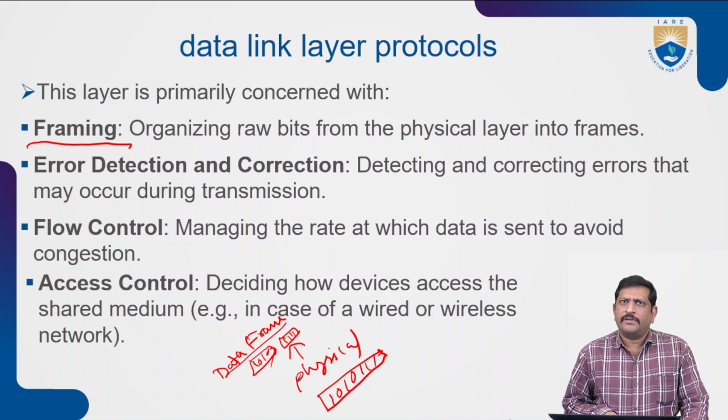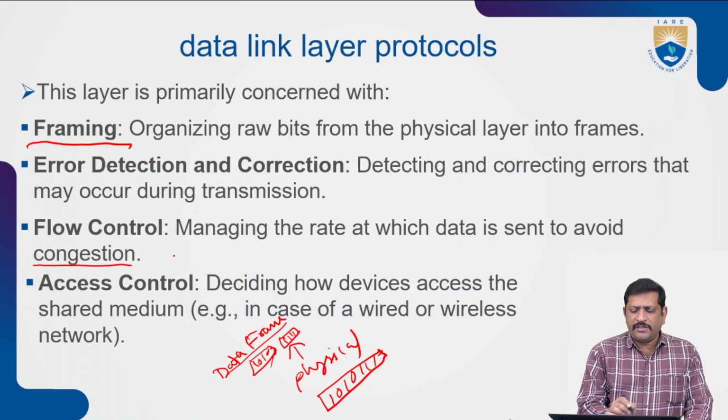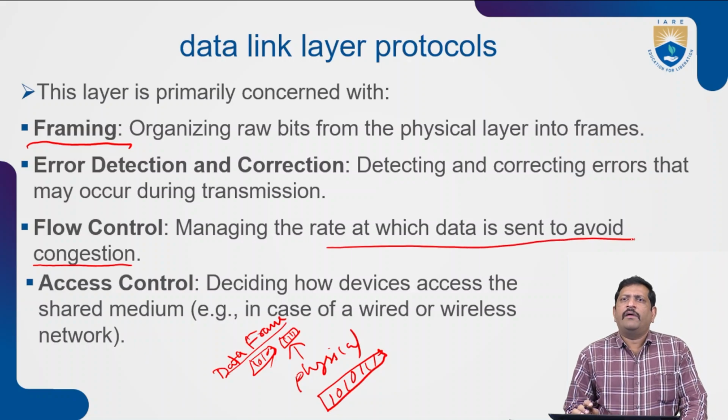Flow control mechanism. The next primary concern of this layer is flow control. Flow control means managing the data rate at which data is sent to avoid congestion. The data rate of whatever the sender sends can be controlled, which avoids congestion.